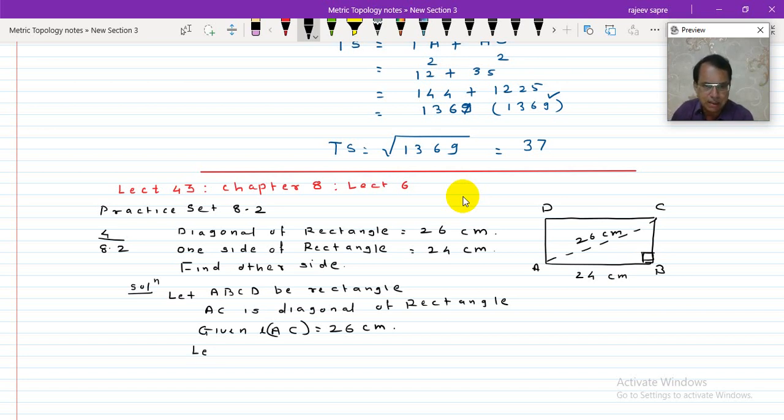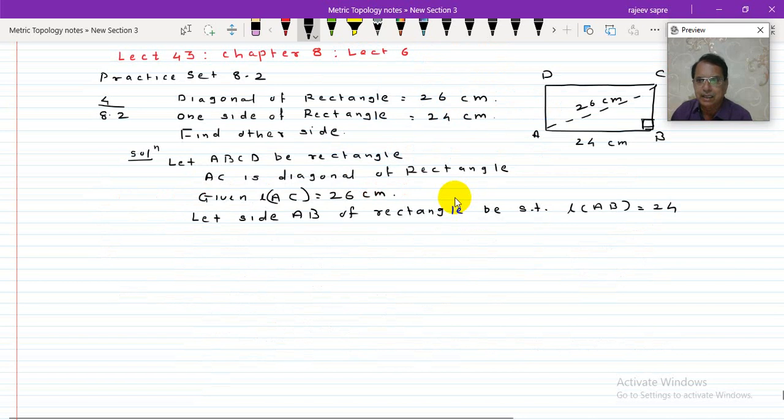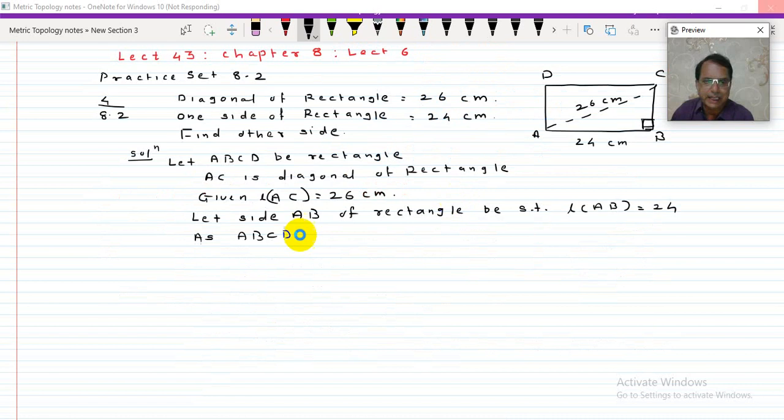So we will say let the side AB of the rectangle be such that the length of AB is equal to 24. Now you know by the properties of rectangle that the triangle ABC formed is right-angled, because angle B is 90 degrees, as ABCD is a rectangle.